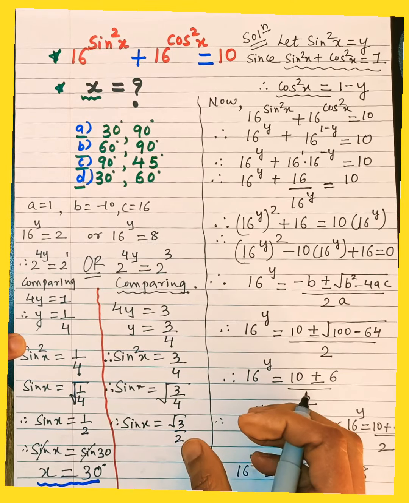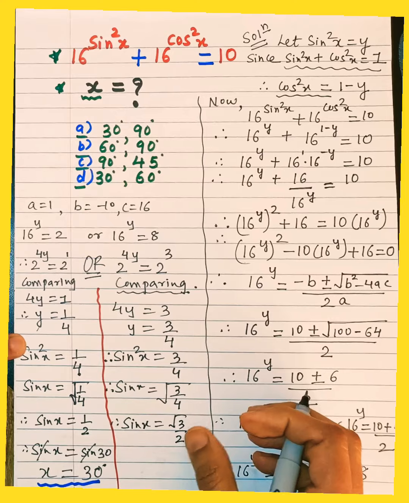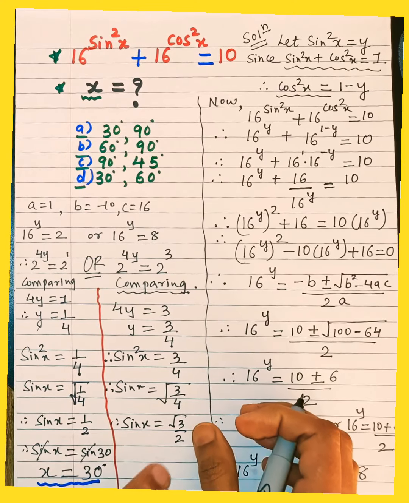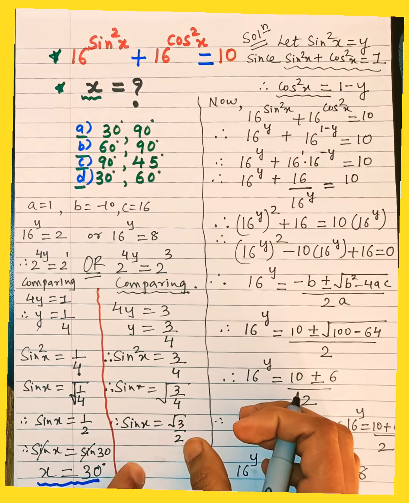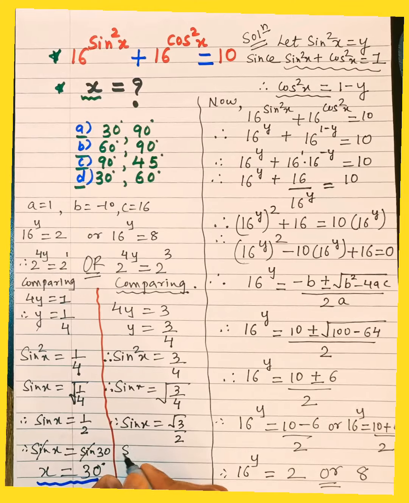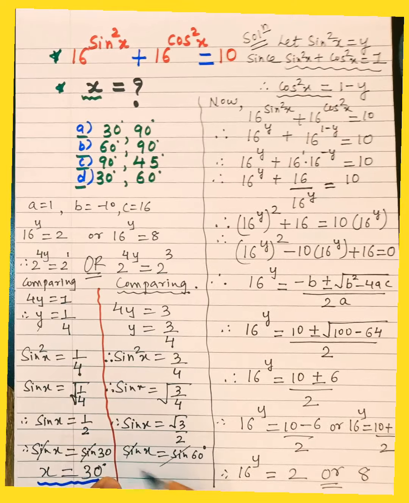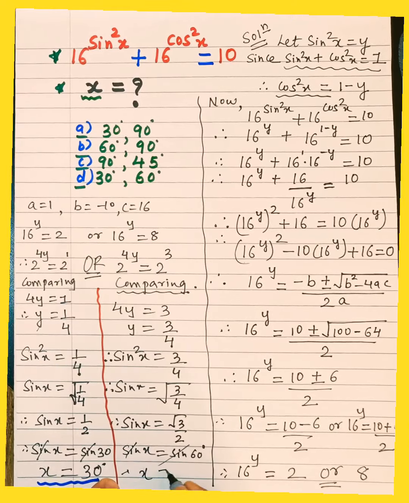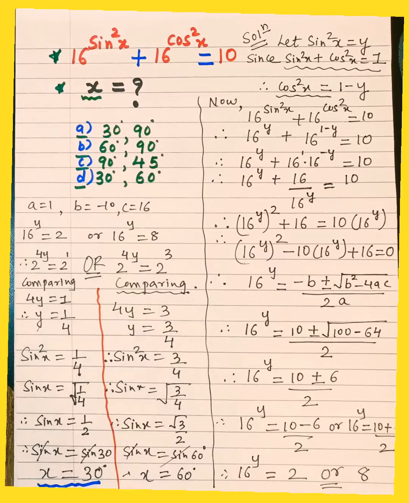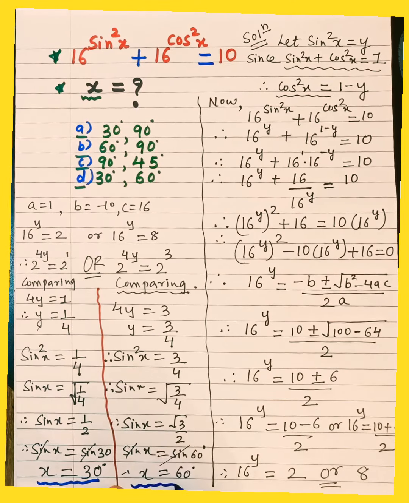Now square root of 3 upon 2, if you recall, is the value of sine 60 degrees. So sine x is equal to sine 60 degrees. This sine and sine cancel, so we are getting x equal to 60 degrees. So this is our other value for x. x is equal to 60 degrees.